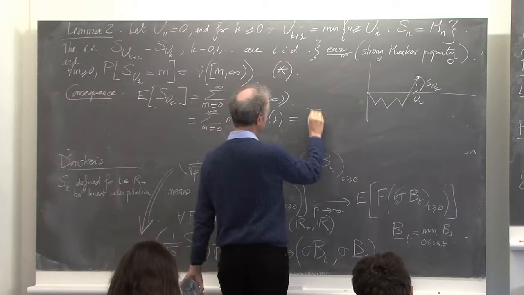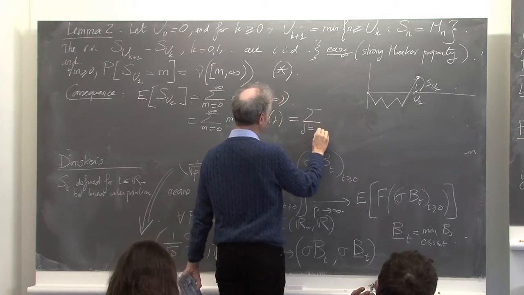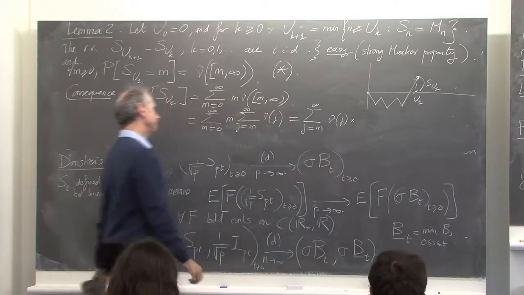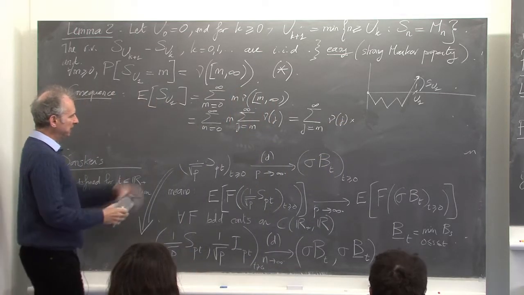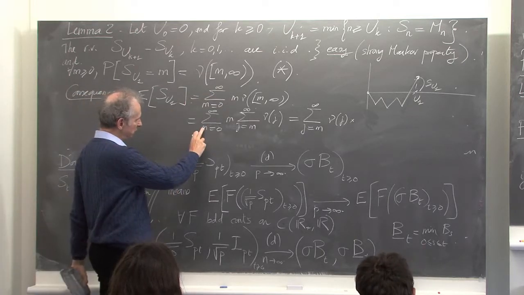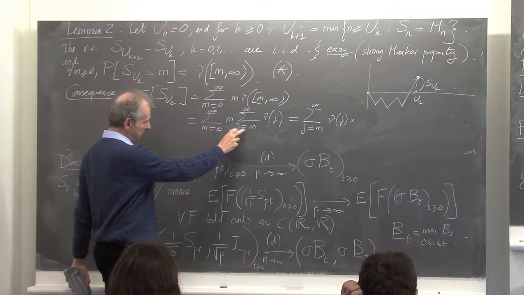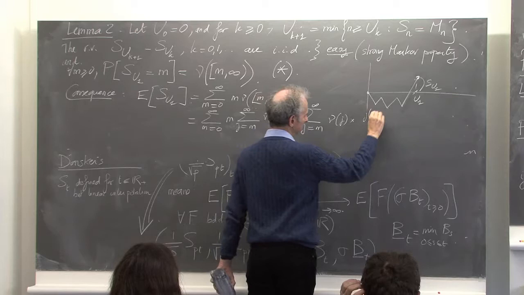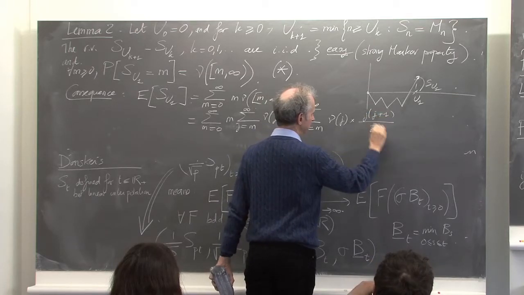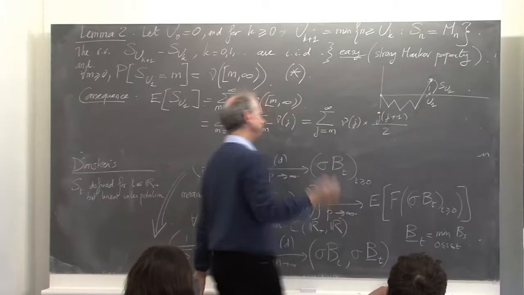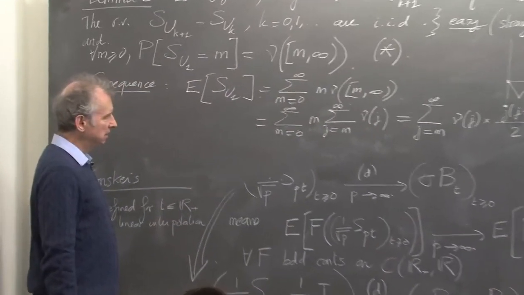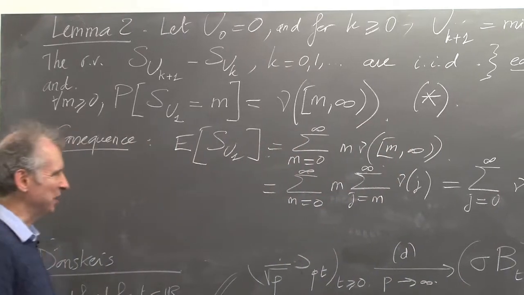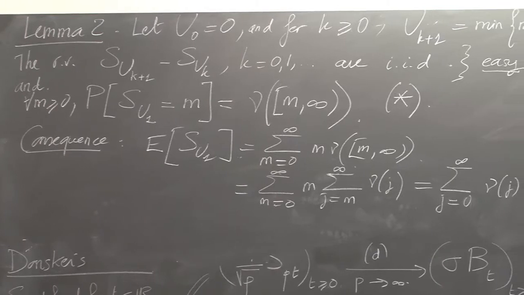What you get is the sum from j equals m to infinity of nu of j times, after interchanging, the sum over the values of m between 0 and j, because m has to be smaller than j, of m. So what you get is j times j plus 1 over 2. Just by interchanging the sums you find that.